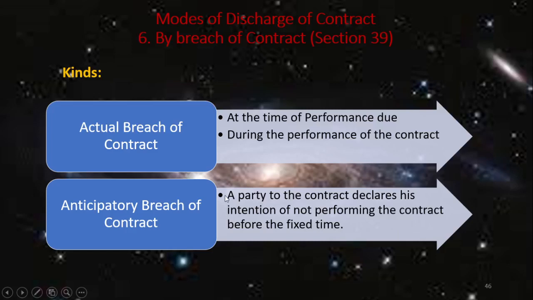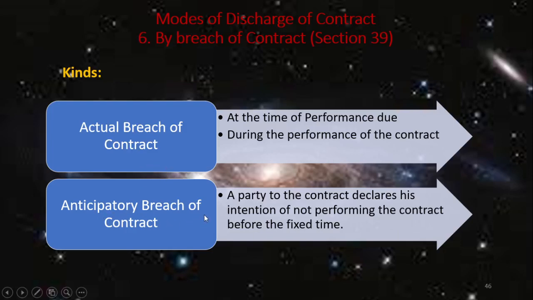There are two categories of breach of contract. The first one, actual breach of contract, and another one, anticipatory breach of contract. Actual breach of contract is at the time of performance due or during the performance of the contract, if any person fails to perform his terms and conditions in the contract, that is considered as actual breach of contract.